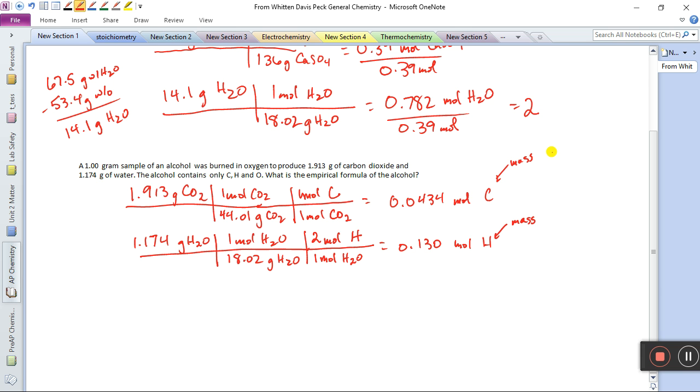Okay, so we get for our mass of carbon? 0.5212 grams carbon. Do we have our mass of hydrogen? 0.131 grams hydrogen. And so then oxygen is going to be 1 minus these things.